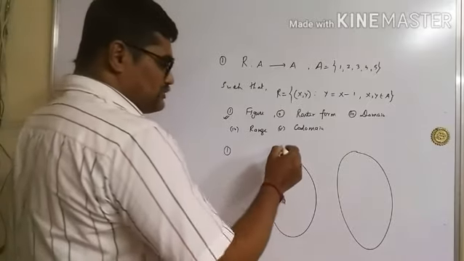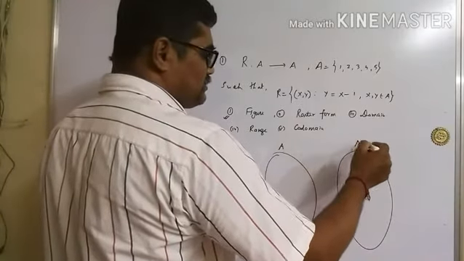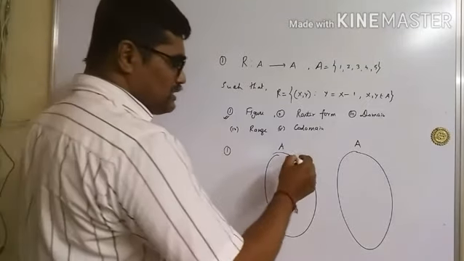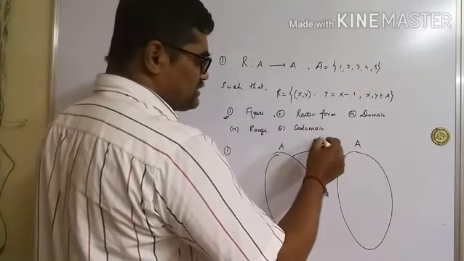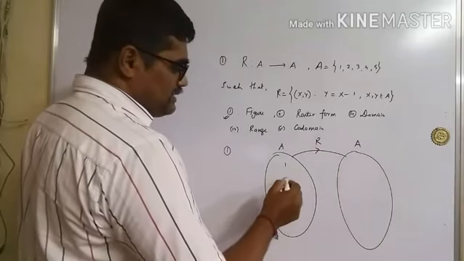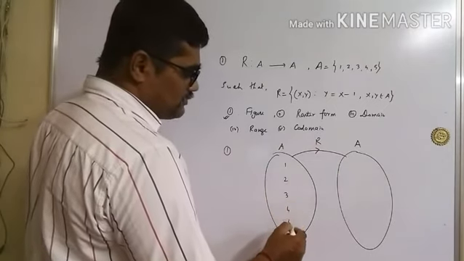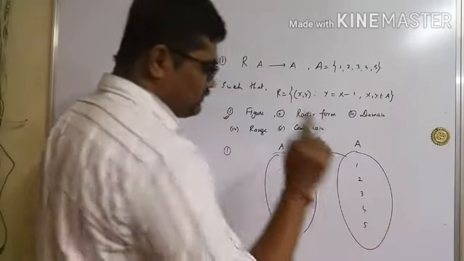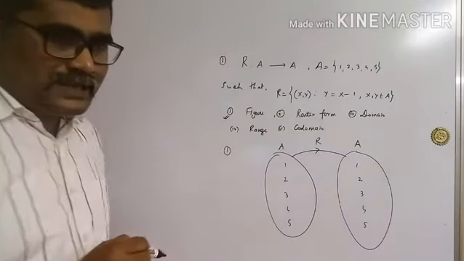So here we are proceeding like this. This time both the sets we have considered the same. The relation is R here, with the elements 1, 2, 3, 4, 5, and here also 1, 2, 3, 4, 5. Very good. Now what is the relation once more?